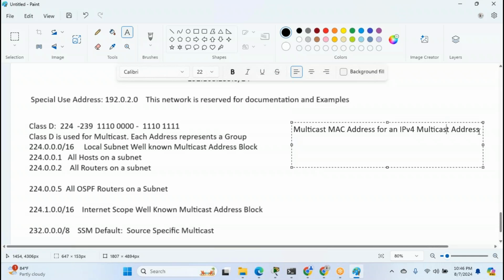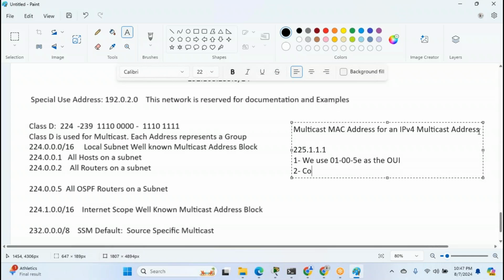First of all, let's say we have the address 225.1.1.1. The first step is that we use 01005E as the OUI, organizational unique identifier.